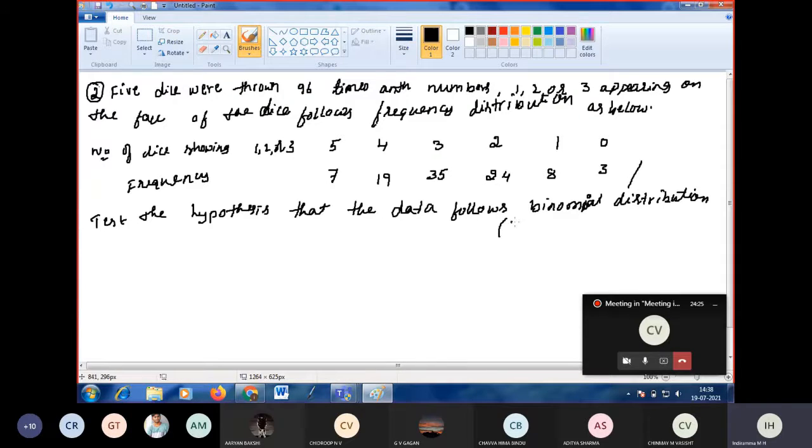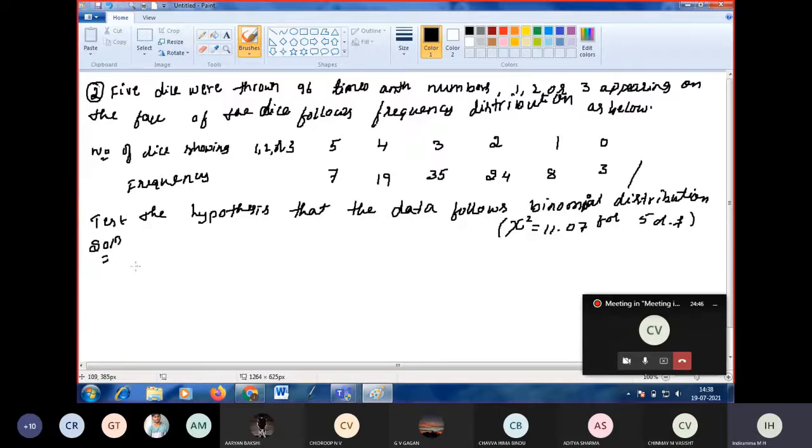In the bracket they have given the chi-square value 11.05 at 5 degrees of freedom, at the 5% level of significance. Okay, come to the solution.